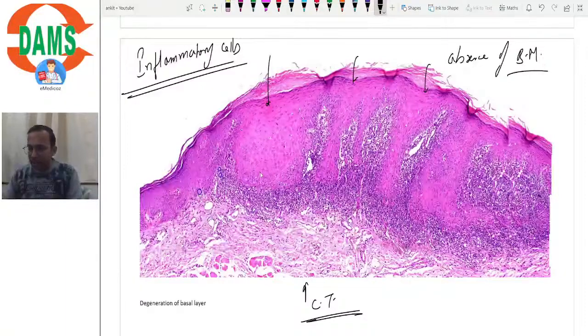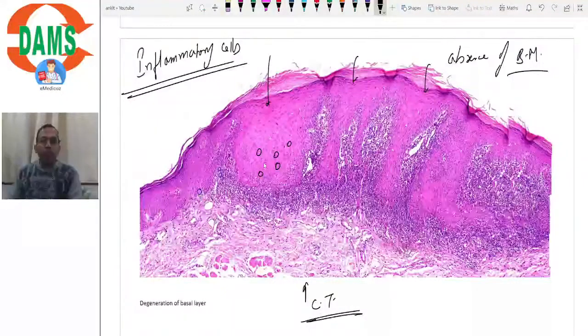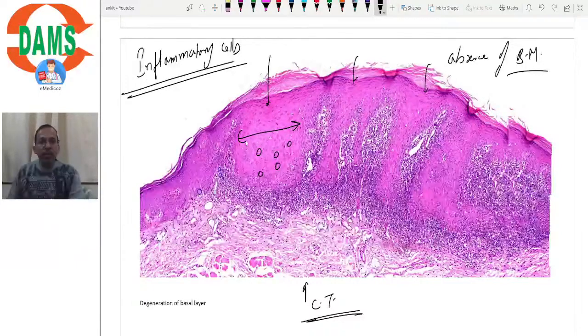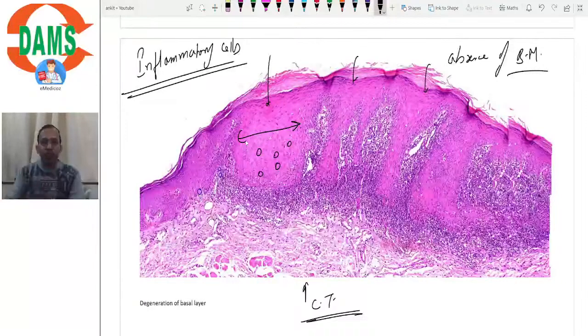If you properly take a note of the cells, they all appear normal, right? These all epithelial cells are appearing normal. Yes, there is an increased division of the cells, so there is acanthosis, but these cells, they appear normal. So there may be hyperplasia, but there is no dysplasia, right?